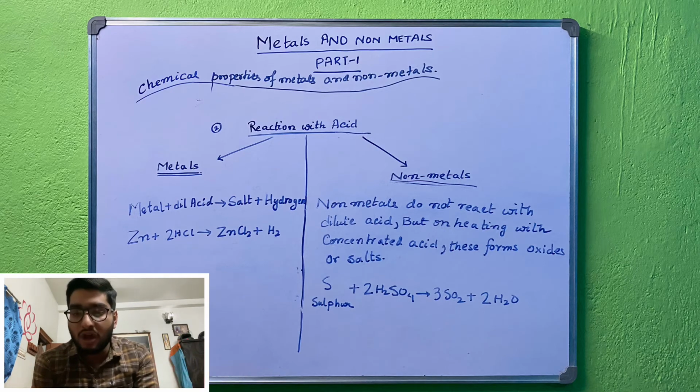And coming to non-metals, non-metals generally do not react with dilute acid, but heating with concentrated acid gives oxides or salts. So you can see that sulfur, S is sulfur, when it reacts with H2SO4, that is sulfuric acid, it gives SO2, that is sulfur dioxide, and H2O.